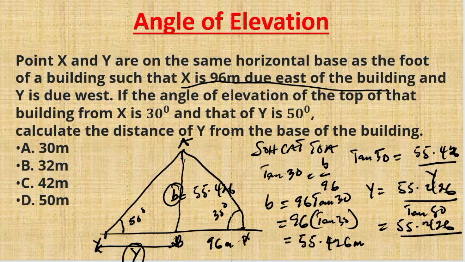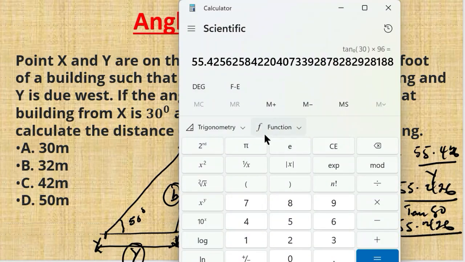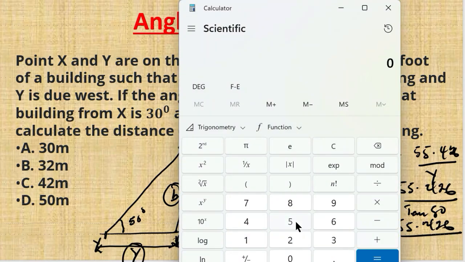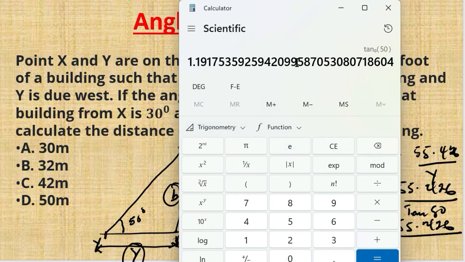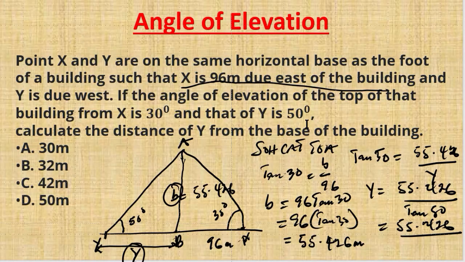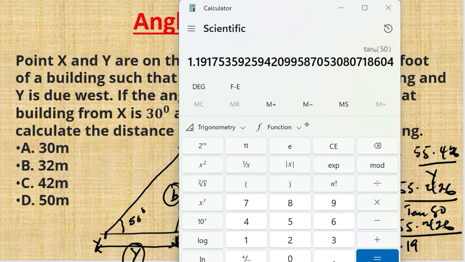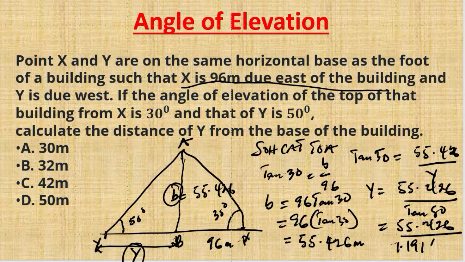Let's find out what tan 50 is from the calculator. The tan of 50 is 1.1917. Let's write that as 1.19175. I can approximate that to 1.1918.